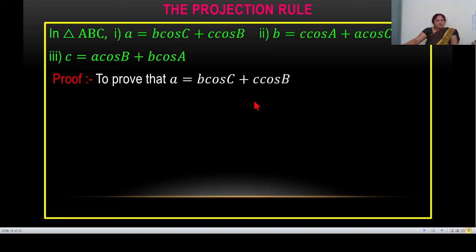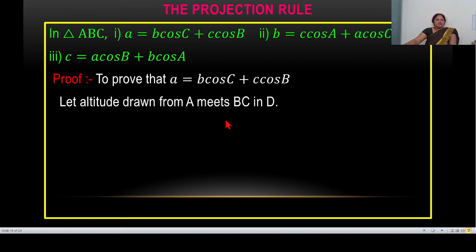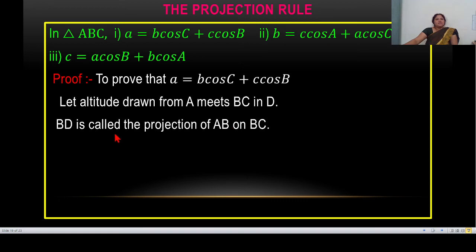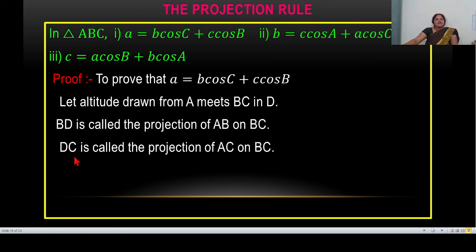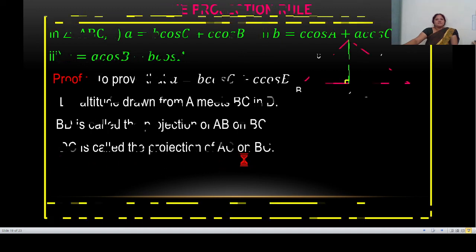In triangle ABC, capital A, B, C are angles of the triangle and small a, b, c are sides of the triangle. Let the altitude drawn from A meet BC in D. BD is called the projection of AB on BC, and DC is called the projection of AC on BC.